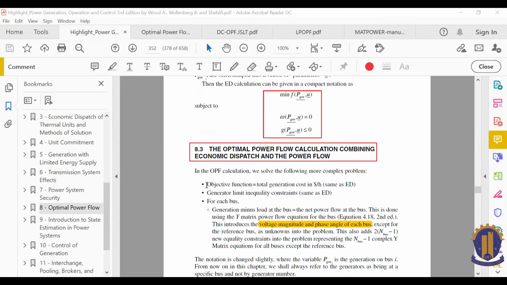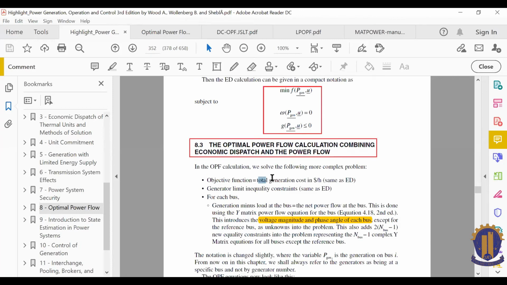The objective function is similar. The ED problem has an objective function, the cost function of the generators based on fuel source. The cost function is actually a second order polynomial function, that is, fuel cost increases with the generation supplied by the particular generator. Similar cost function will be here also.